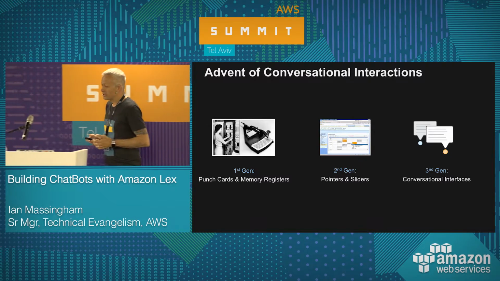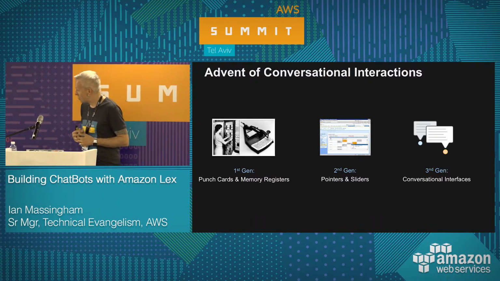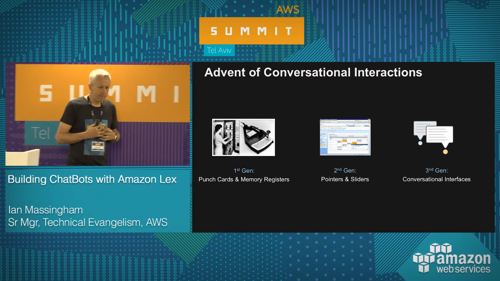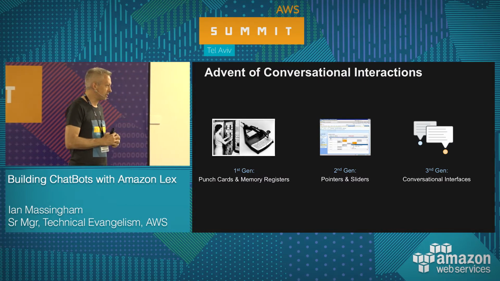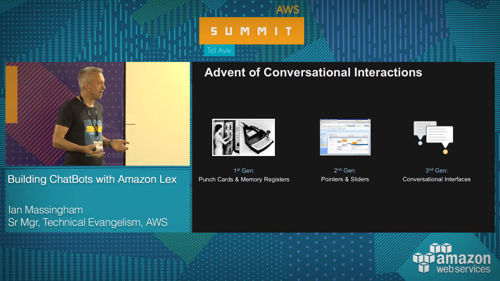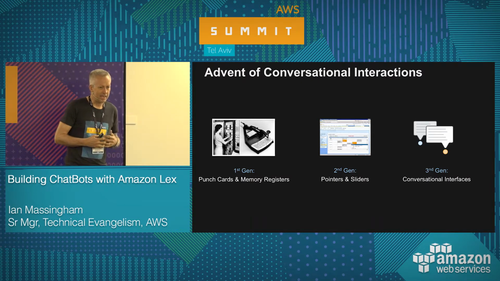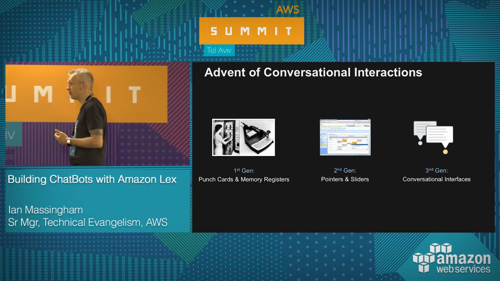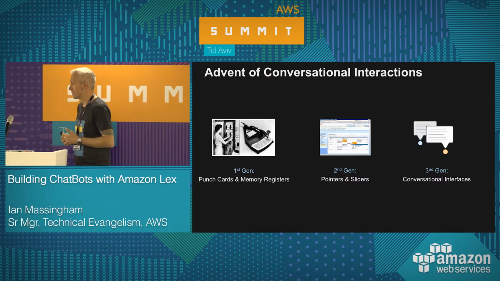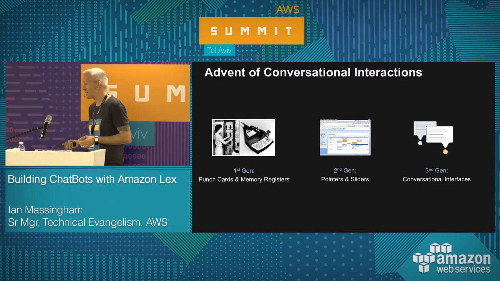So what you're seeing here is that this trajectory of simplifying interfaces allows applications to be embedded into people's natural lives. It allows them to be accessed and controlled using the most natural interface of all, which is speech. Okay, and now there can be good reasons for that around accessibility.